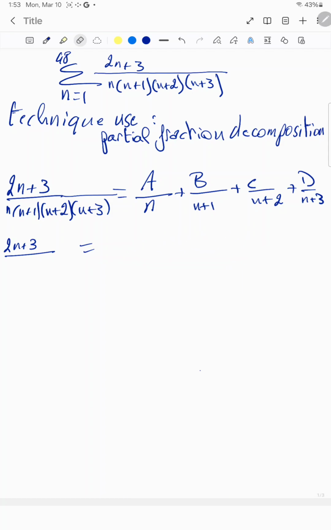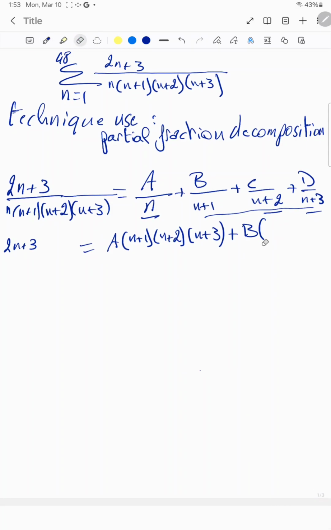So on the right hand side it becomes a times all that, (n + 1), (n + 2), (n + 3), plus b times this and this.